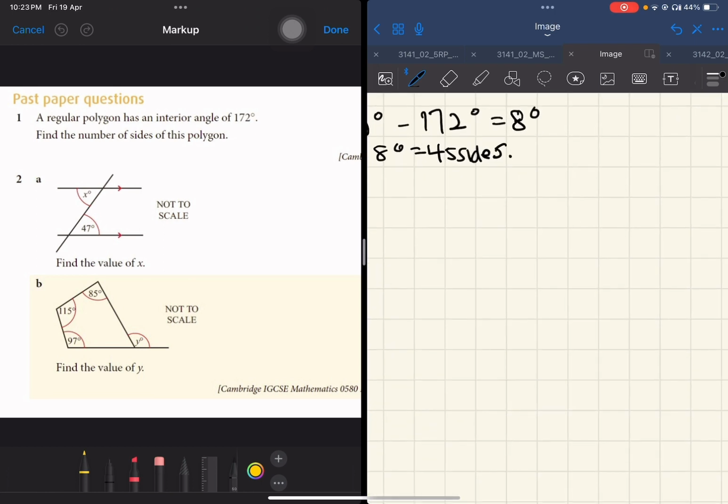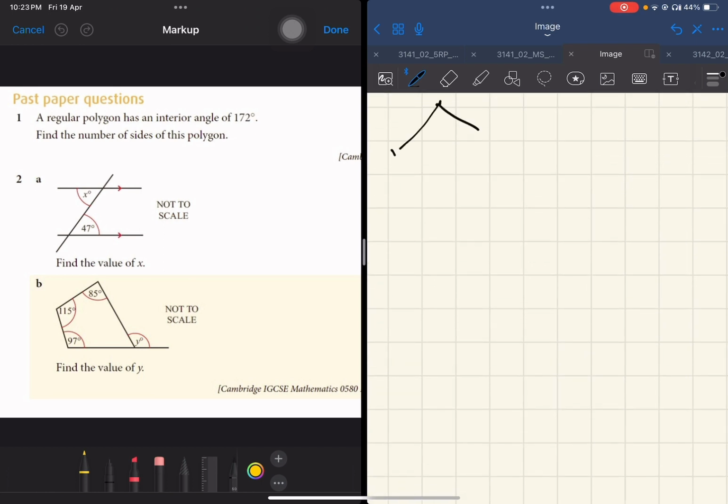Now, to put it into a picture, for example, I'm just going to draw this random polygon. So all the interior angles here are equal to 172 degrees. And outside here, we have another angle. We're going to call this x.